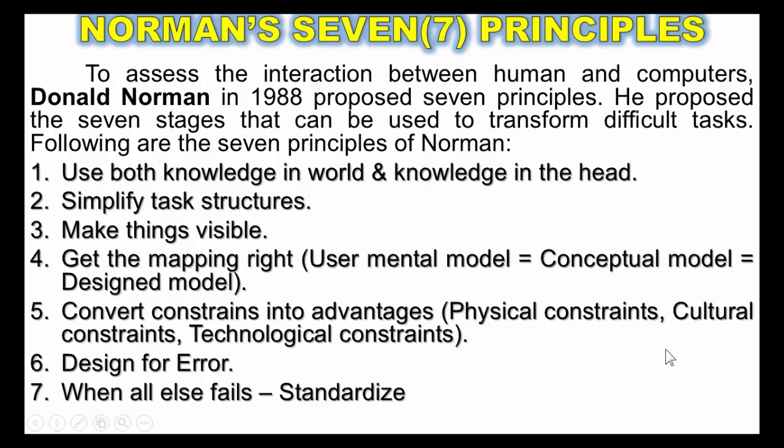Number 5, convert constraints into advantages. Physical constraints, cultural constraints, technological constraints. Number 6, design for error, prevent error, and offer error handling. Finally, number 7, when all else fails, standardize and consistency.